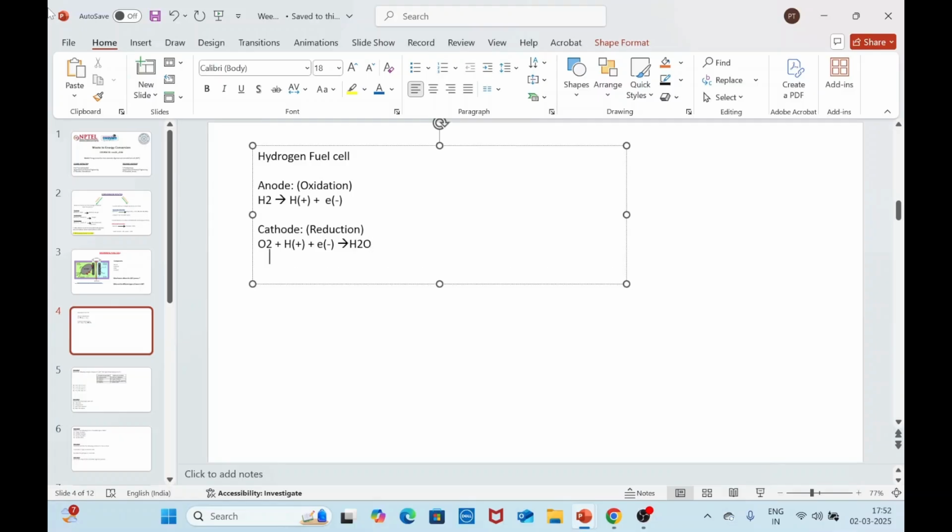Okay, so you are going to get H2O. That H2O will come out from the cathode side. So this is in case of your hydrogen fuel cell.